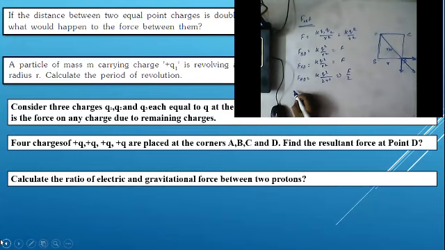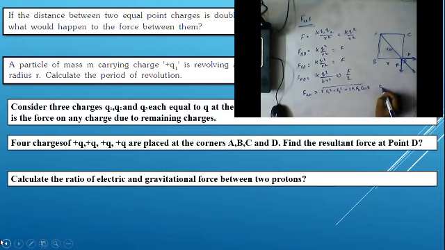Here the force is F and here it is F. So the resultant force is F resultant equals root of F1 square plus F2 square plus 2 F1 F2 cos theta.